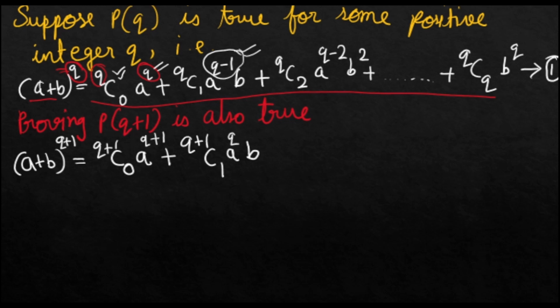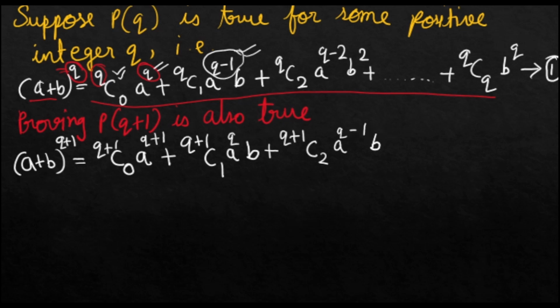With no index, plus q plus 1 c2, then a to the q plus 1, but this time it's minus 2. So what we have here, I think minus 1.